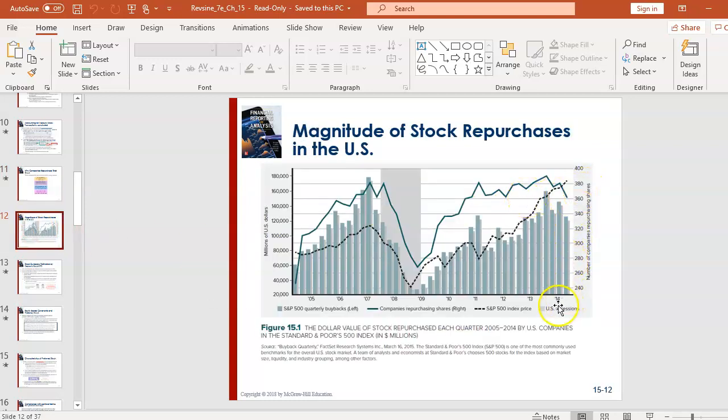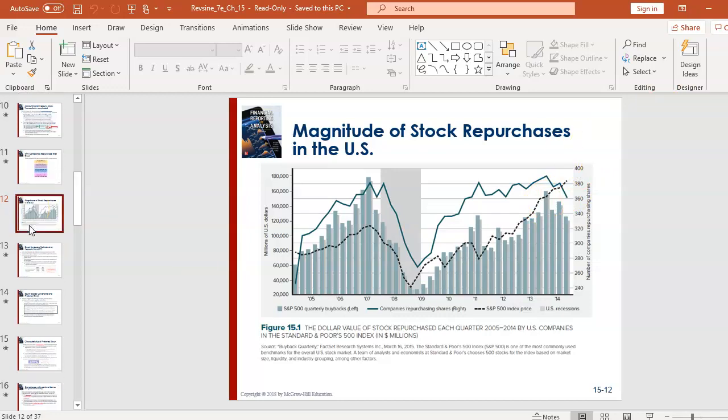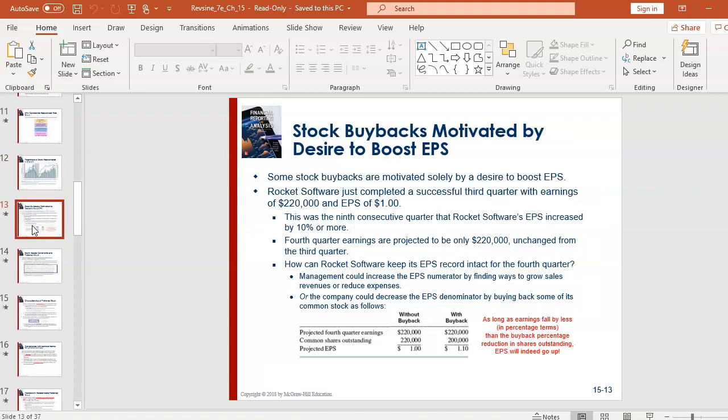These have really grown, and this is a little bit old data, unfortunately, but this goes back to 2014. If this was newer data, you would know that this has gone up even more. So this has really significantly increased over the last few years. And now that we've had the new situation that we're in, I've read a few articles that companies are kind of regretting giving so much cash back to shareholders.